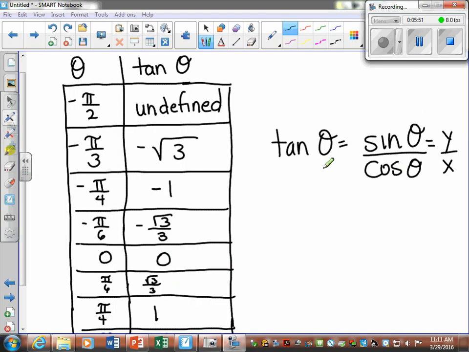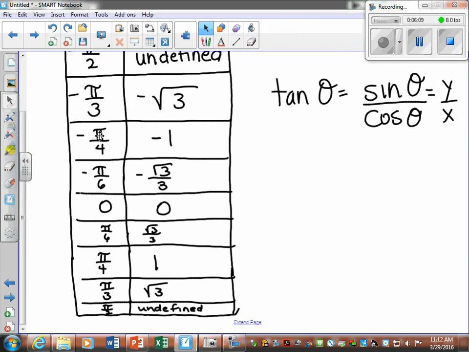On this page, if we calculated the y values over the x values for all of these thetas, then this will be our simplified form. This is given in the negative angles and the positive angles. So that's just a reference chart for you.